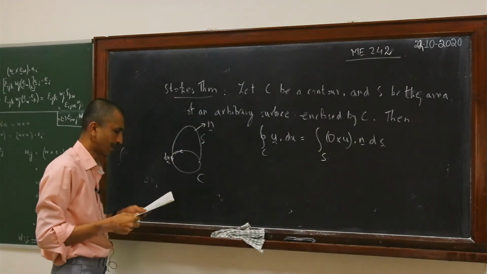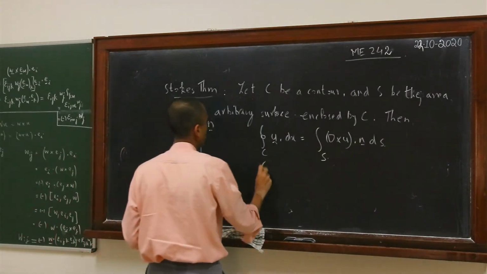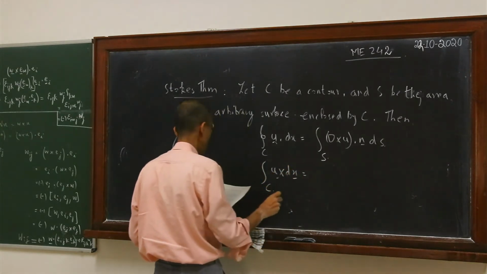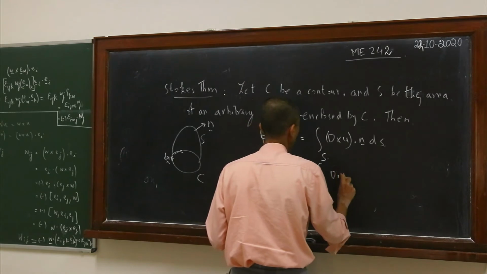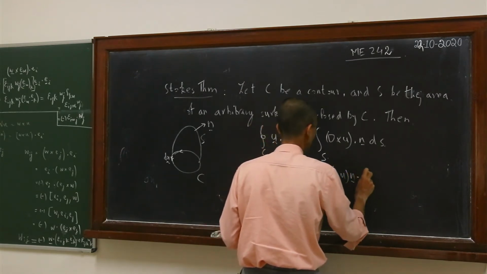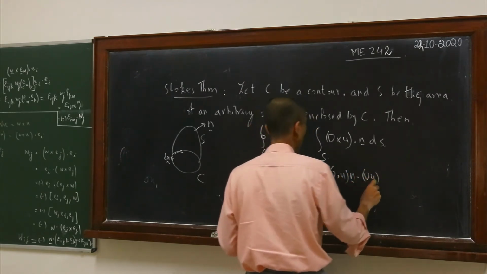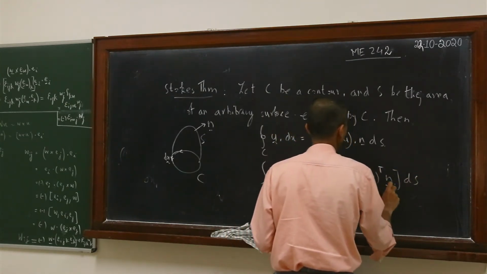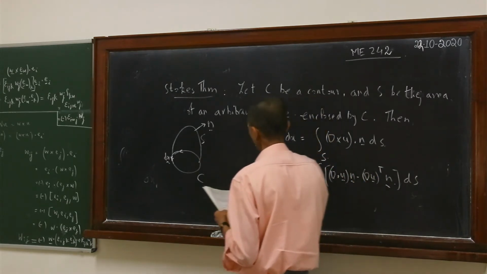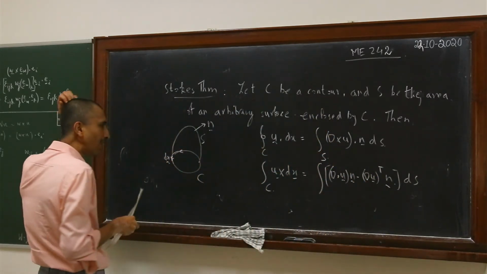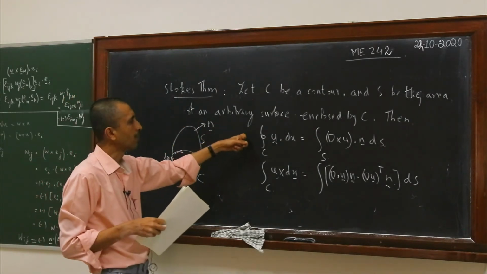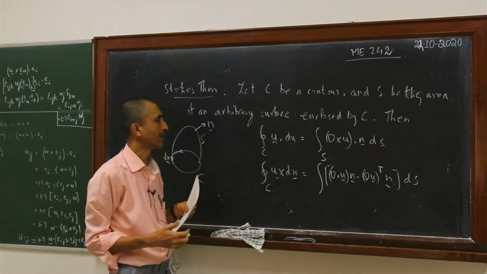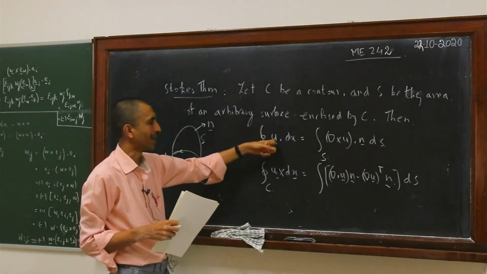So that's one of the things. And then similarly, you also have u cross dx over C, which is equal to the integral of del dot u times n minus del u transpose times n, the whole times ds. So this particular set of theorems, we will not be using much, but probably you may use this particular theorem in fluid mechanics, because the circulation will be defined in this particular way.